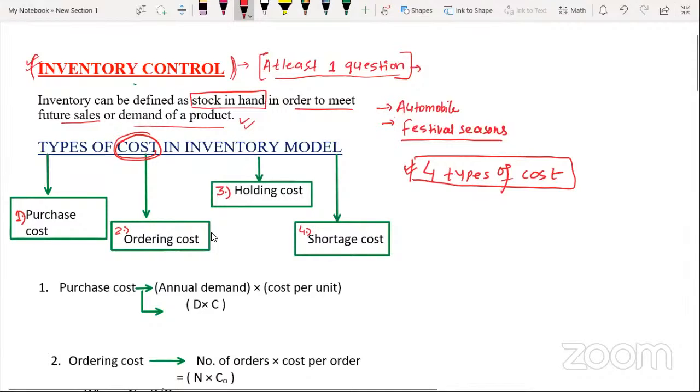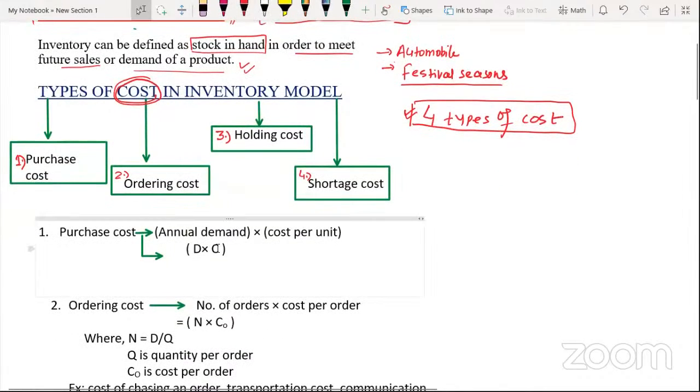From the name only, the first one is purchase cost. Purchase cost is defined as annual demand into cost per unit.